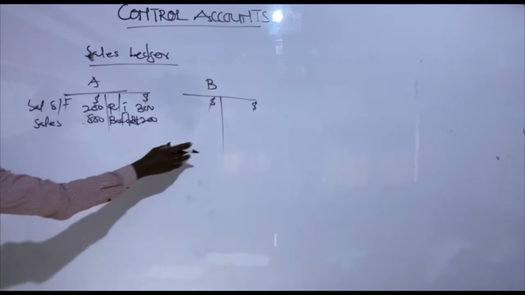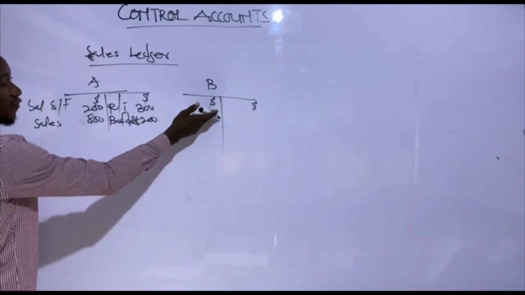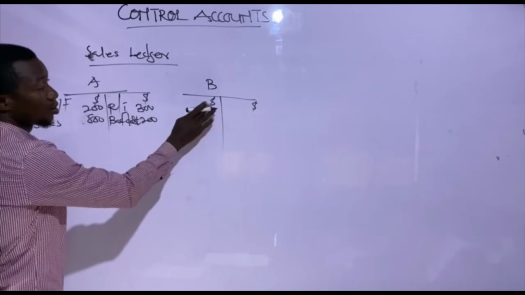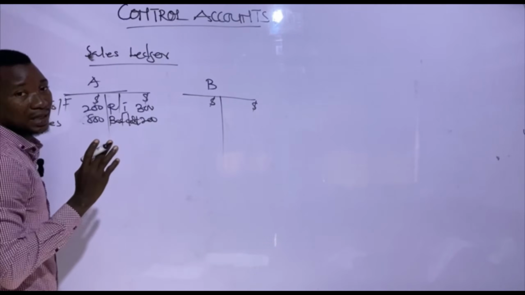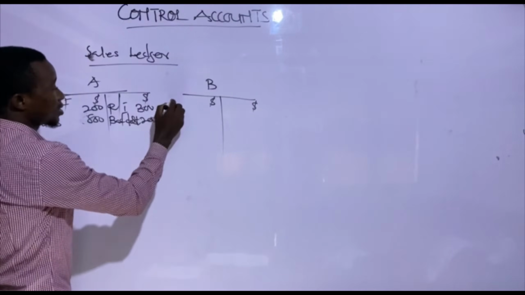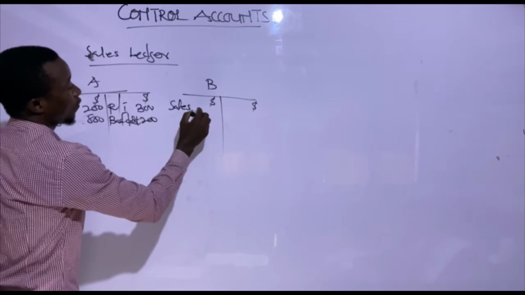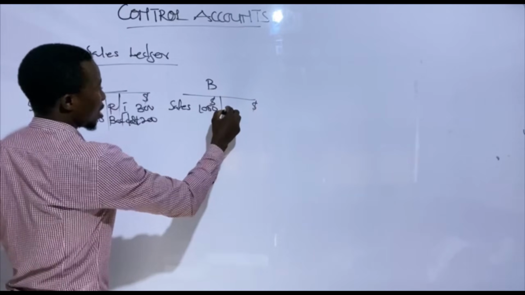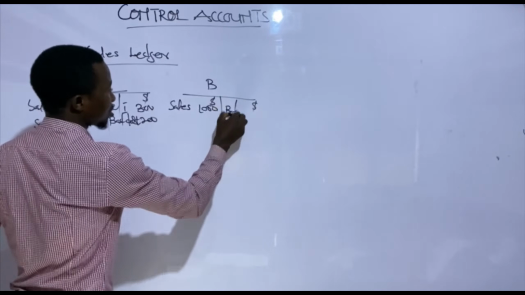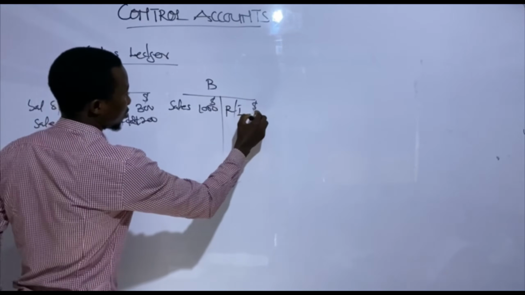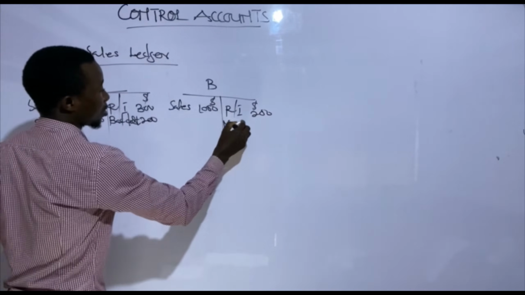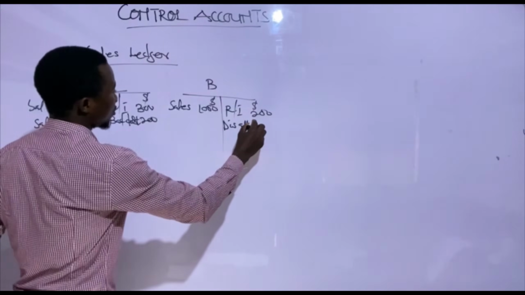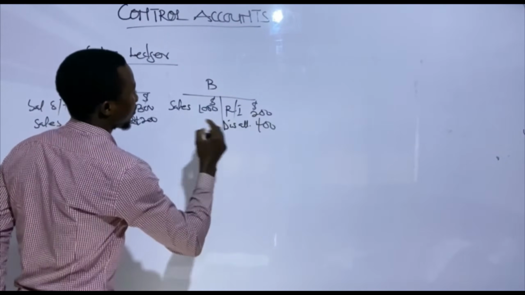So in this particular account, let's say we don't have an opening balance for this. We could have a credit sales. Cash sales are not entered in the debtors account. So we could have credit sales of, let's say, 1,000. Let's say a return invoice of 200. We could have a discount allowed of, let's say, 400.